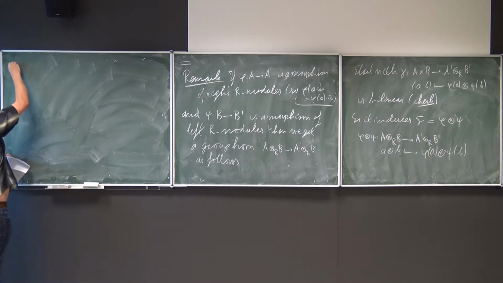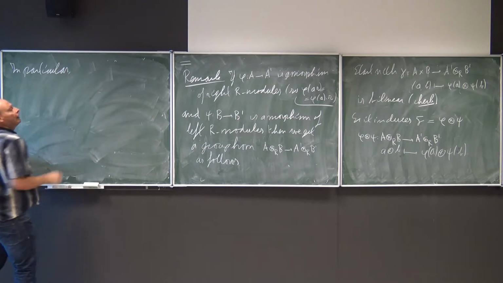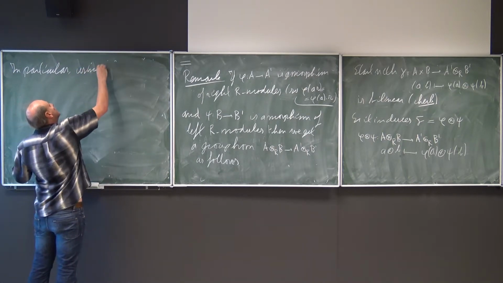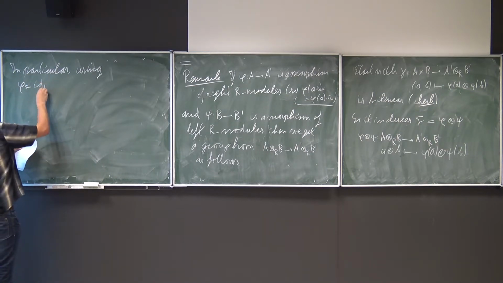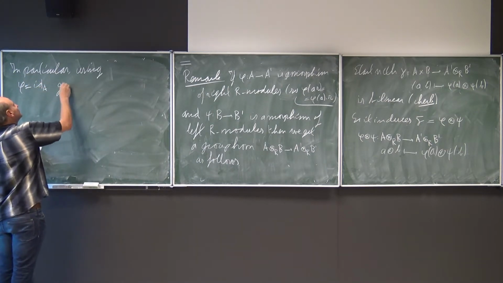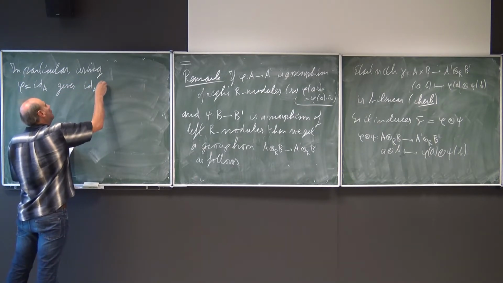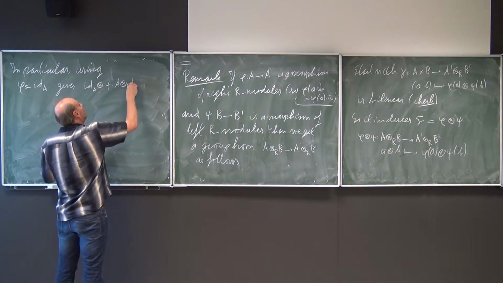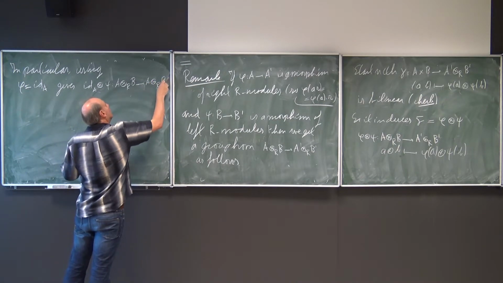Okay, so in particular, if I fix A or B, then I have a natural map from A to A, the identity, and similarly for B. So using phi as the identity on A gives the map identity A tensor psi from A tensor over R B to A tensor over R B prime.